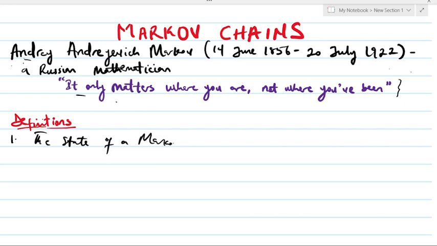The state of a Markov chain at time t is the value of x index t.